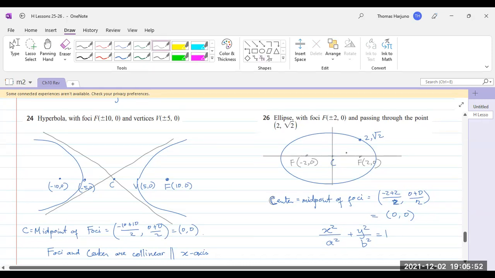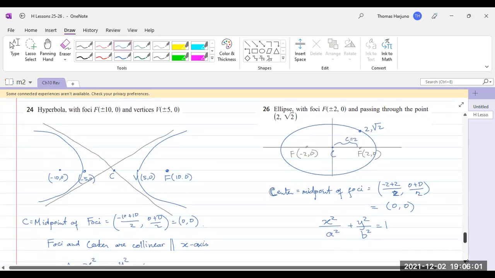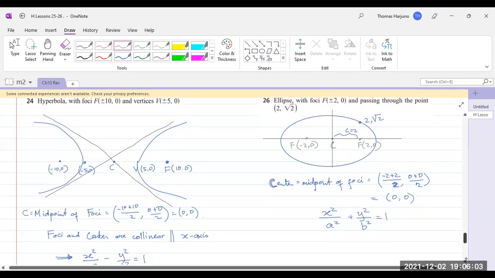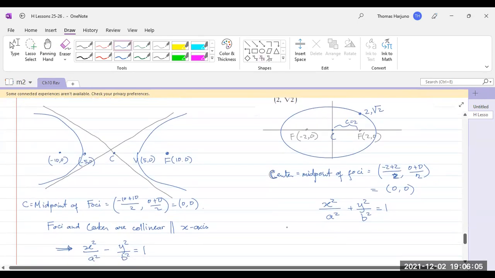However, we know that the distance from the center to the foci is 2. Okay, so we know that c squared equals a squared minus b squared equals 2 squared.